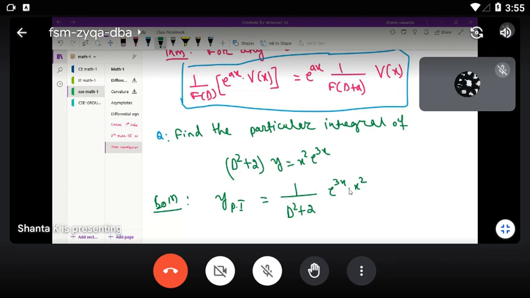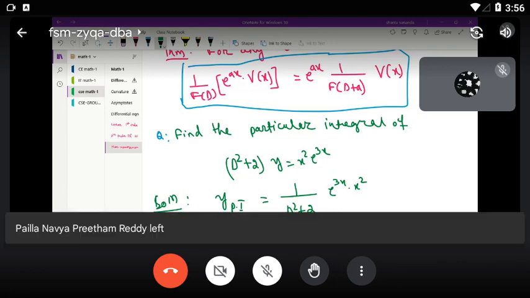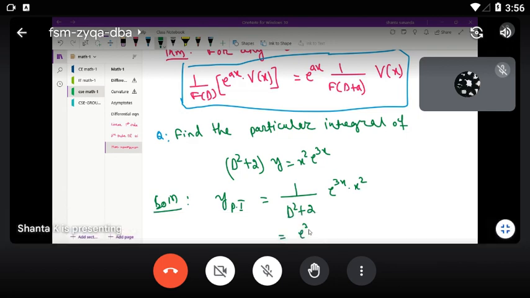Now you can take e power 3x to this side, and D will be replaced by D plus a. A is 3, so this will be D plus 3 whole square plus 2, and here we have x square.